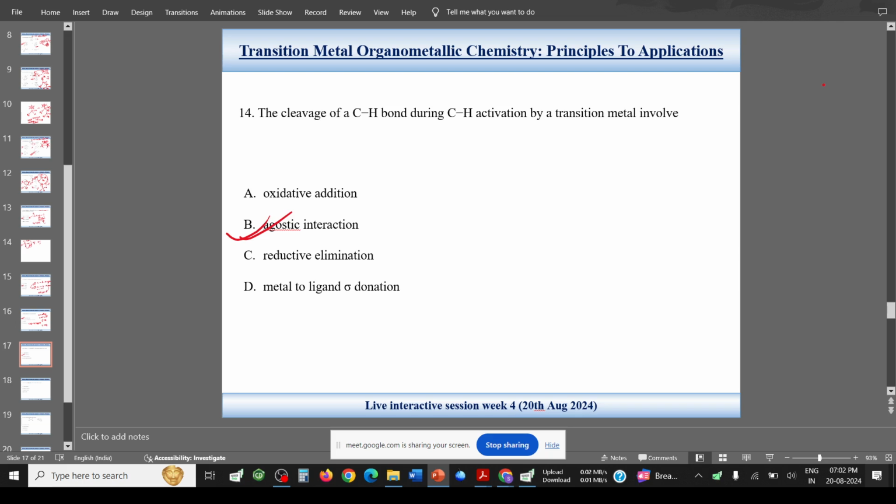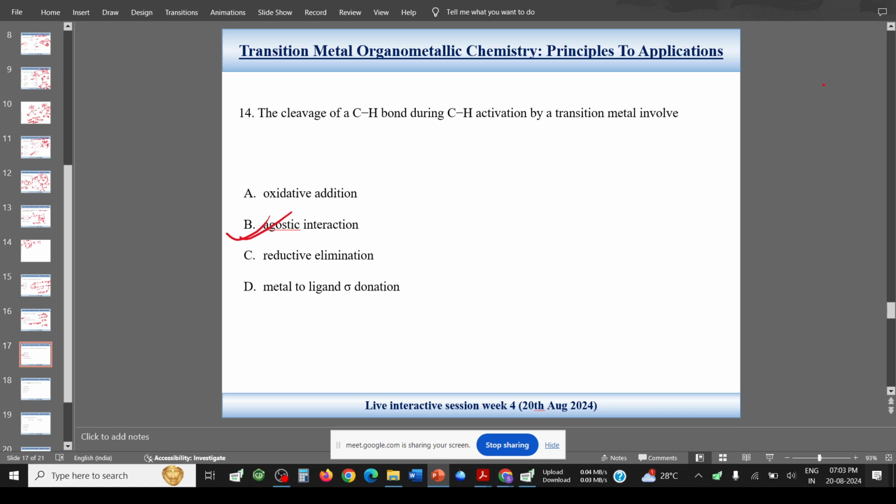Oxidative addition, sir. In beta elimination, beta hydrogen elimination. Oxidative addition.